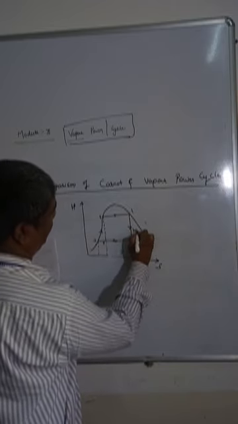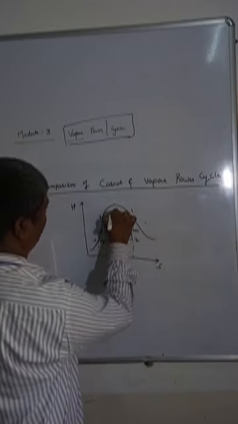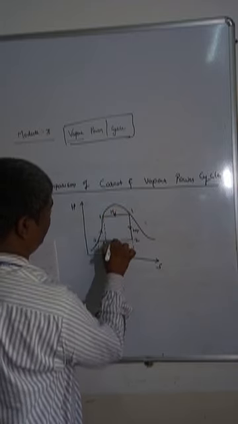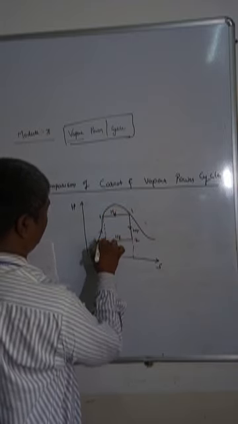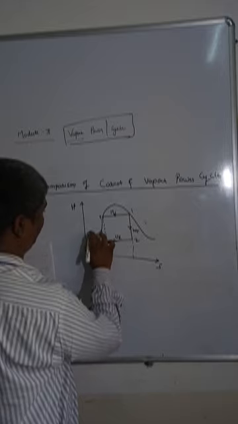What is this? Turbine. This is boiler. So heat addition. Here heat rejection. Here pump work, WP.